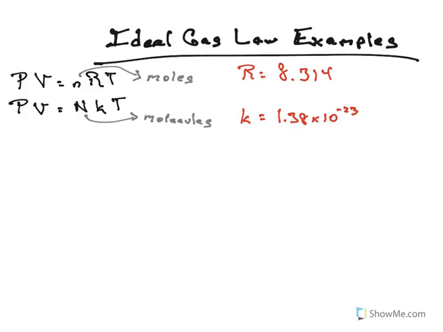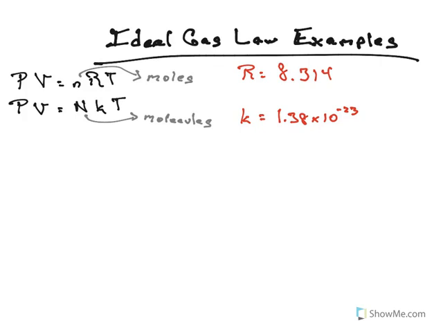They're just numbers you need for these equations. But when you're given a problem and you're working with an ideal gas, then you're going to choose one of these two equations based on, as I said, do you know the number of molecules or do you know the number of moles?